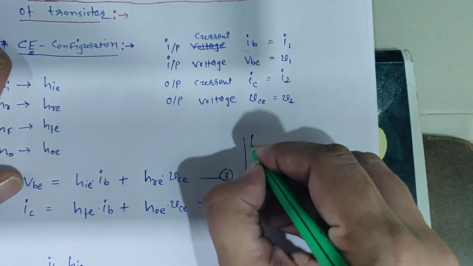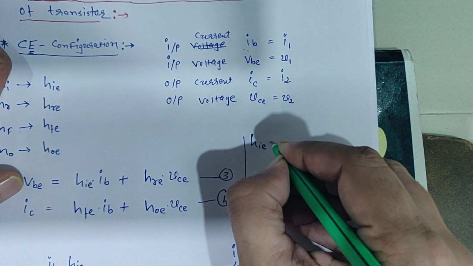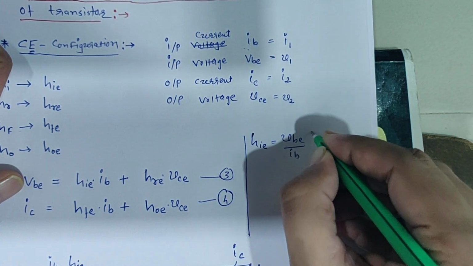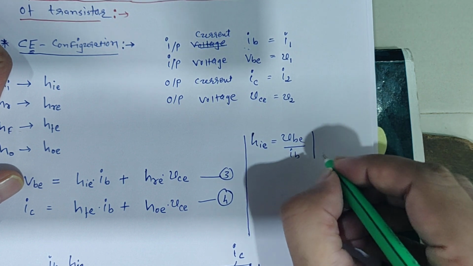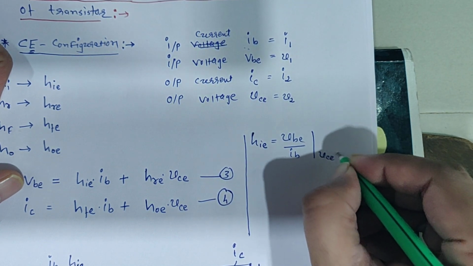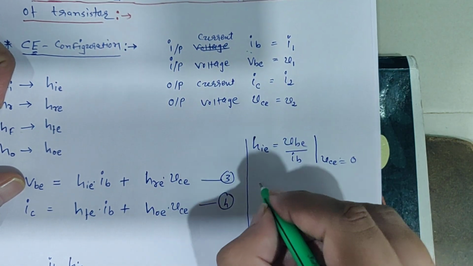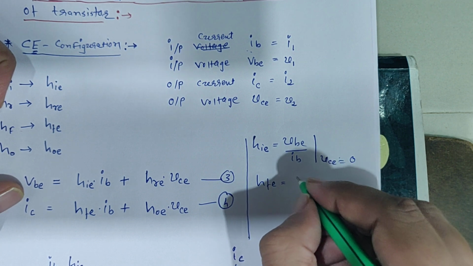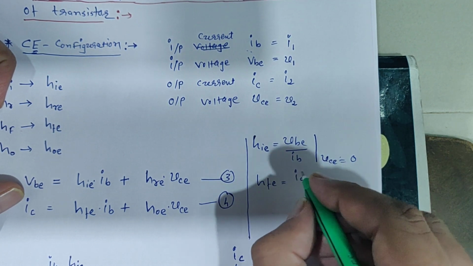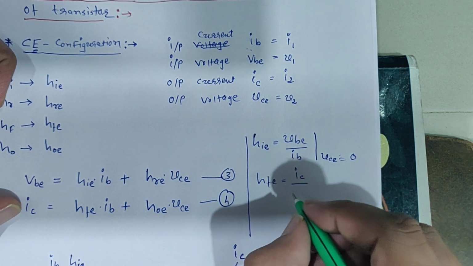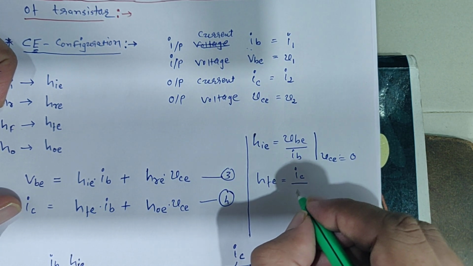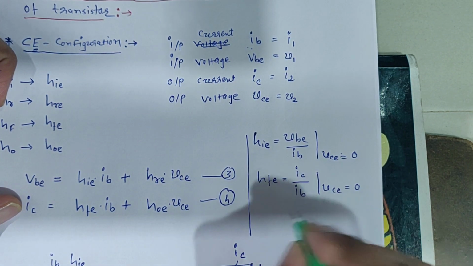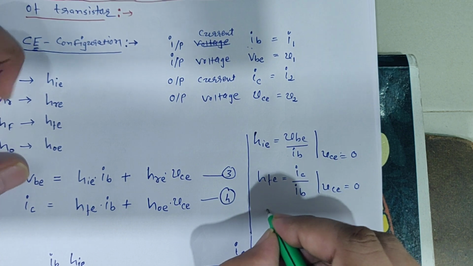So it is very easy: HIE can be represented by VBE upon IB, where VCE equals 0. Similarly we can find HFE, which is nothing but IC upon IB, from equation number 4, where VCE equals 0. Similarly we can obtain the other two equations.